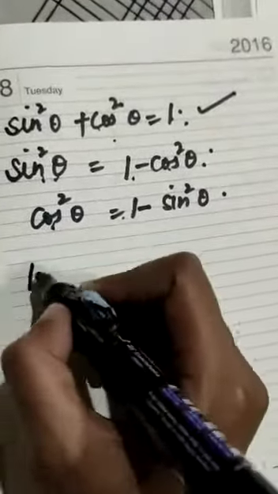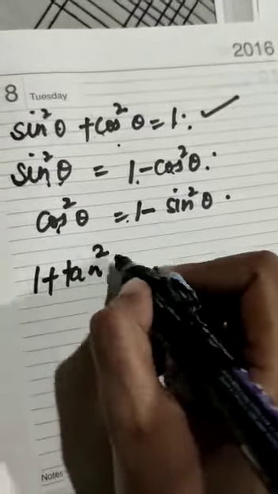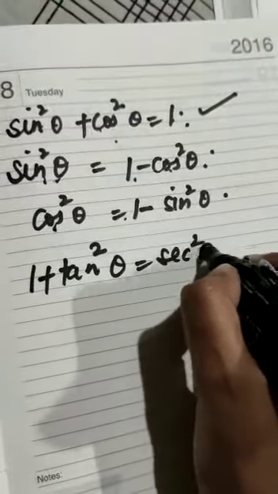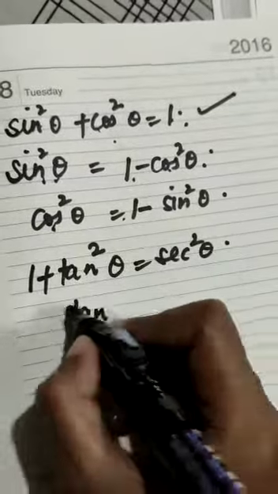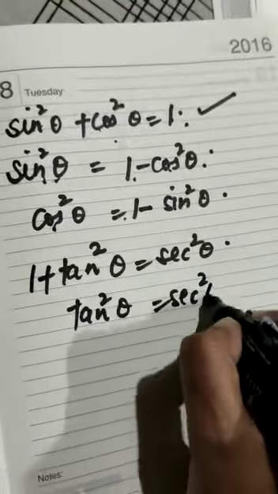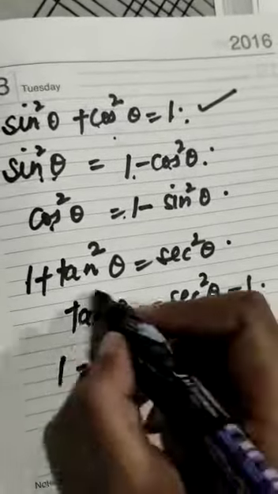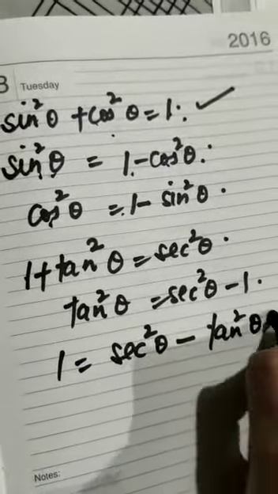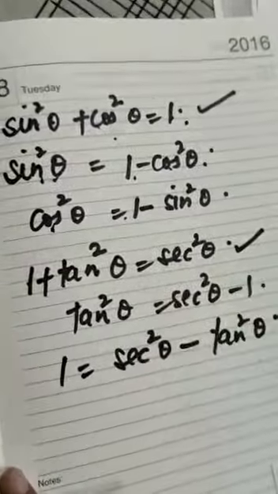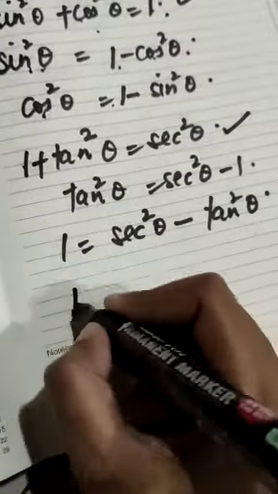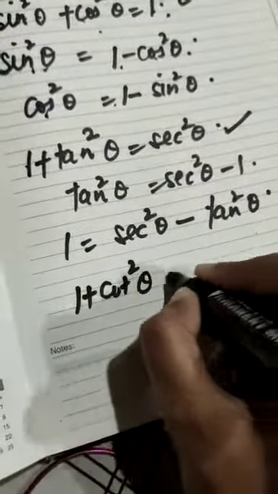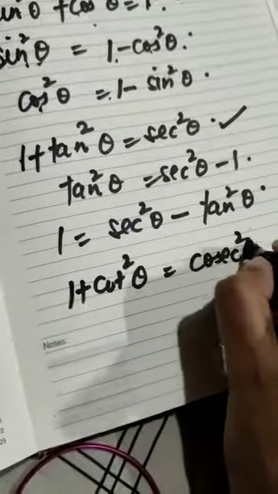In the same way, the next identity is 1 plus tan square theta is equal to secant square theta. So tan square theta equals secant square theta minus 1, and 1 is equal to secant square theta minus tan square theta. You have to remember this also. Next is 1 plus cot square theta equals cosecant square theta.